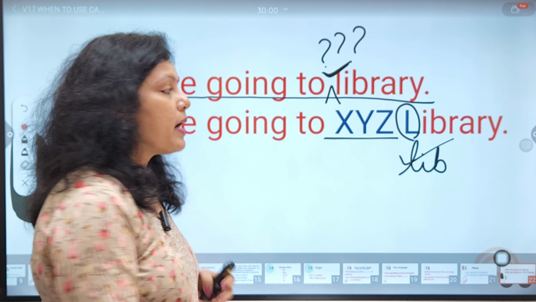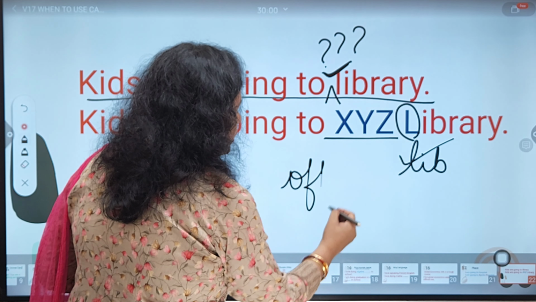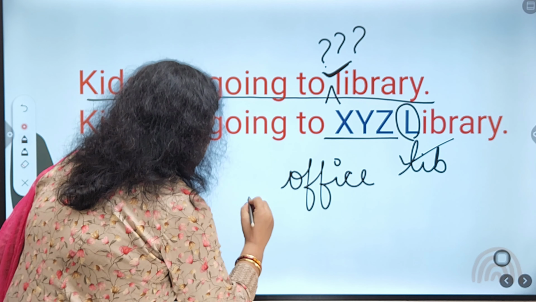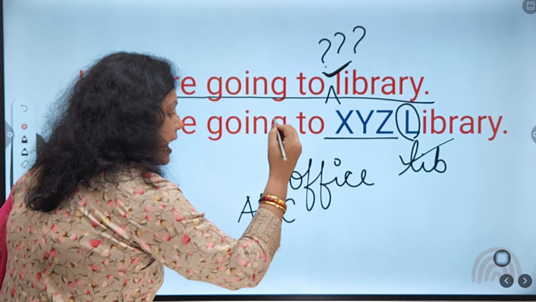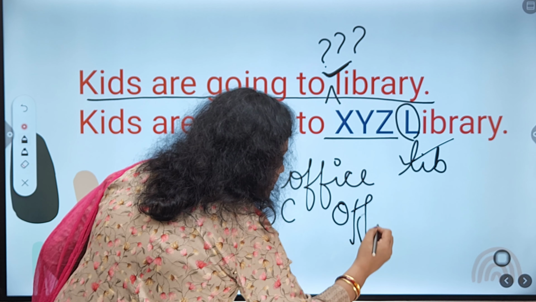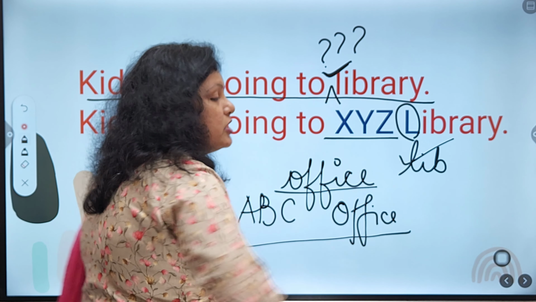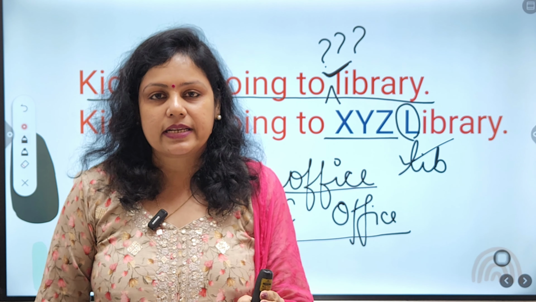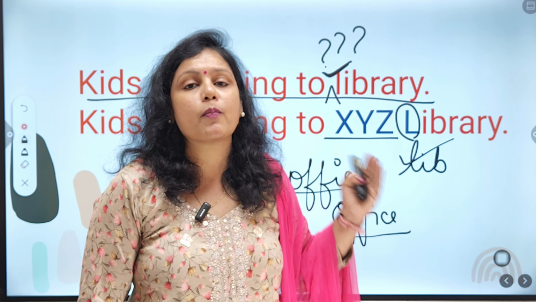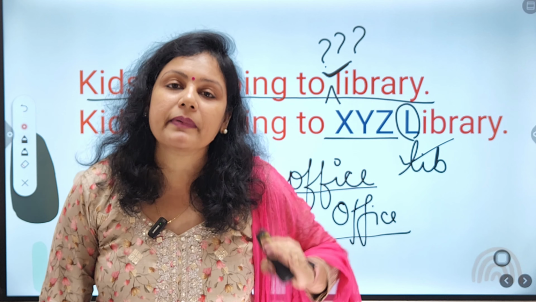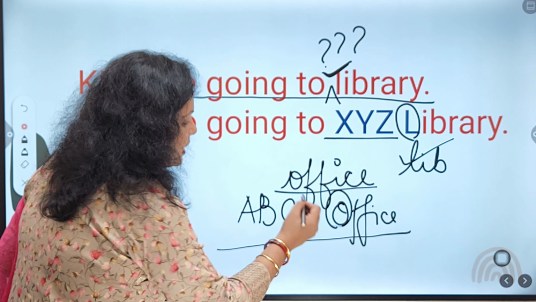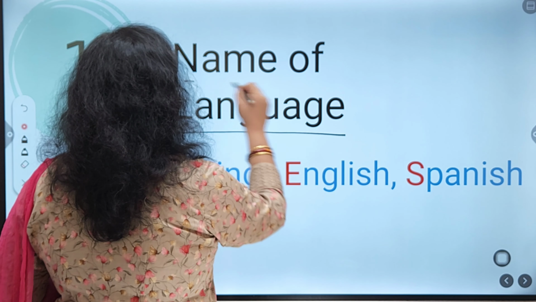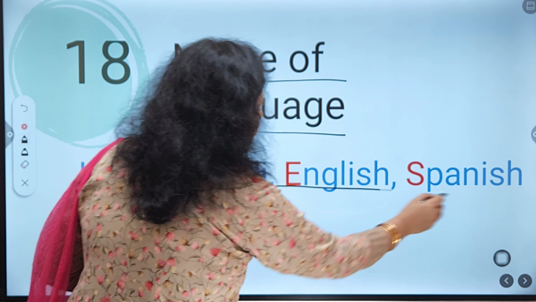If I say I'm going to my office, I have not mentioned the name, so it will be written like this. But if I'm saying I'm going to my ABC Office, I am using a name here, and that is why office also will start with a capital letter. So if your place doesn't have a name in your sentence, please give it a smaller letter. But if your place is also mentioning the name of the place, then please start this word also with a capital letter. Right. Okay.